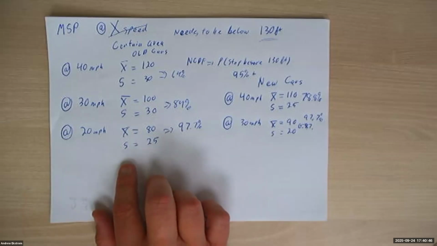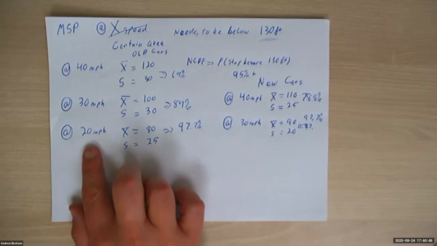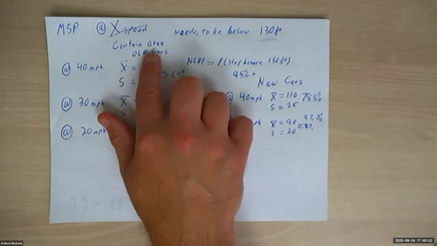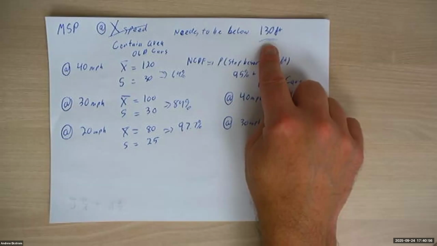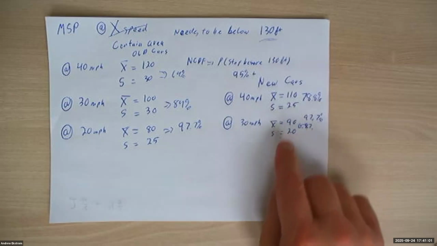And again, these are all numbers that I made up, but we can see that the speed limit should be 20 in whatever this certain area is, because we need 95% of all vehicles or more to stop in 130 feet.